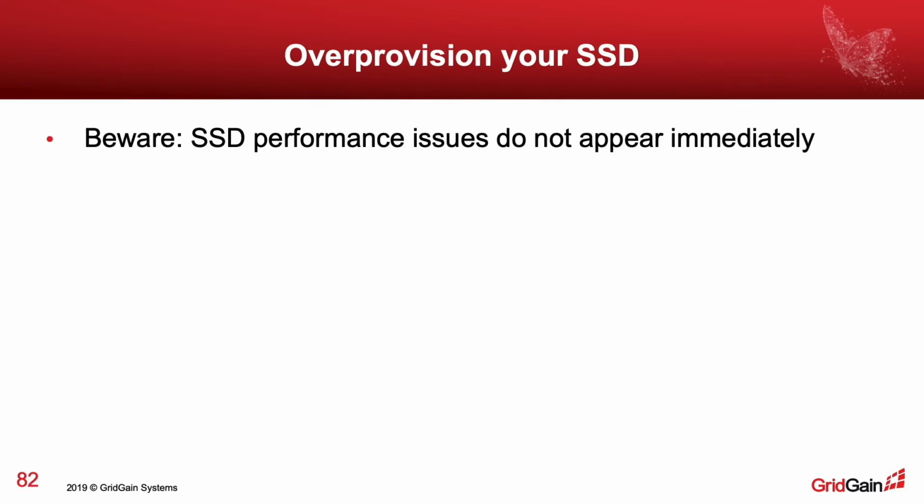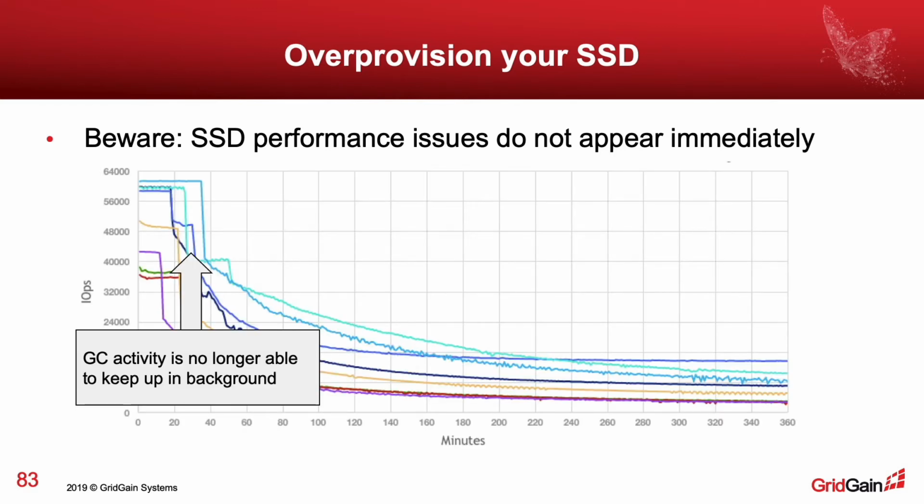And the next surprise is that SSD performance issues do not appear immediately. Here are the results of an experiment where high load was applied to different models of SSD drives, showing the dependency of IOPS, how fast the throughput was, on the time of the experiment.